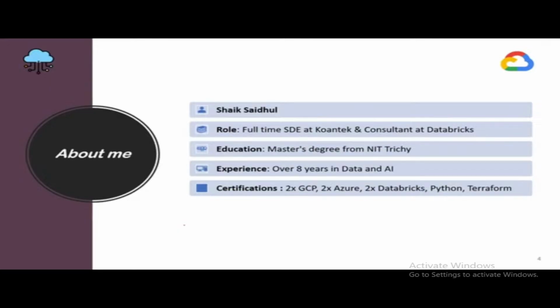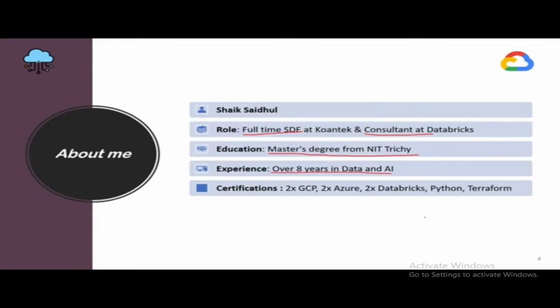I'm also a consultant at Databricks, and I've completed my master's degree from NIT Trichy. This is one of the top 10 colleges in India, and I have more than 8 years of experience in the data and AI field, closely 9 years, working on different tech stacks.